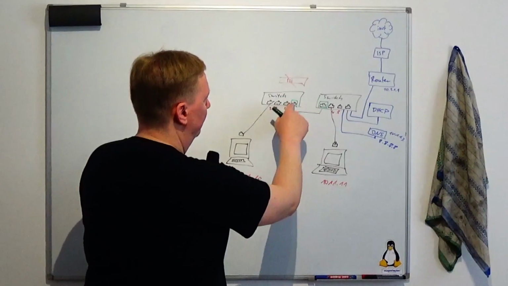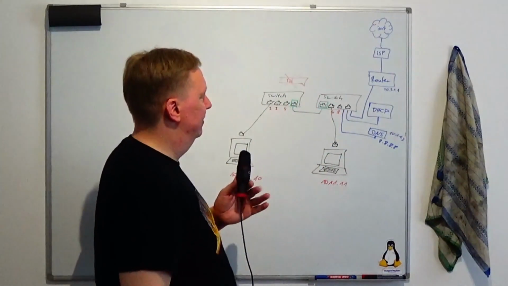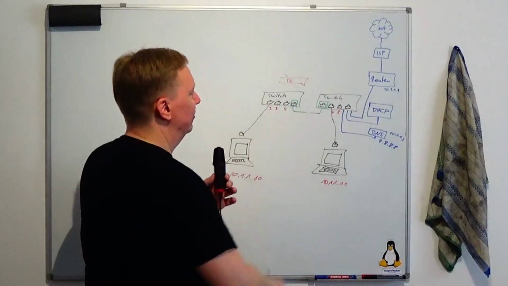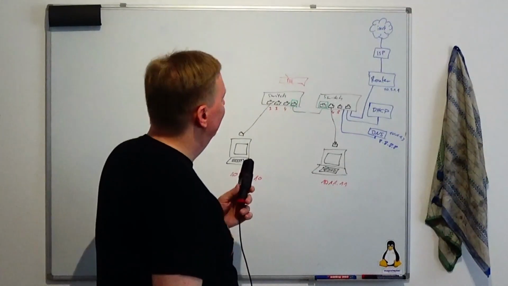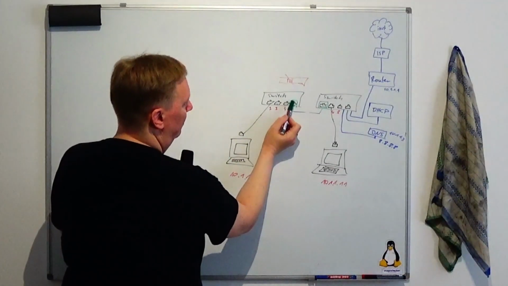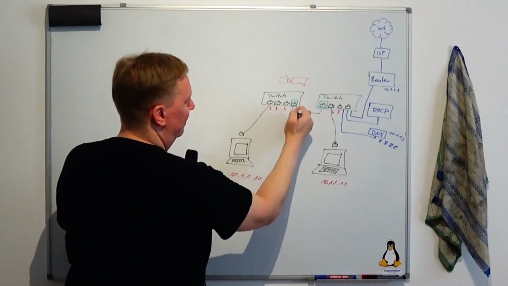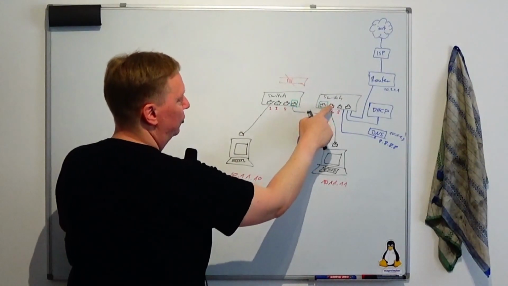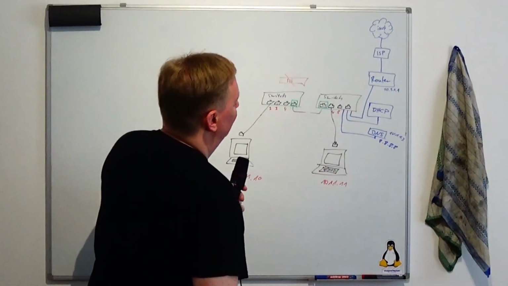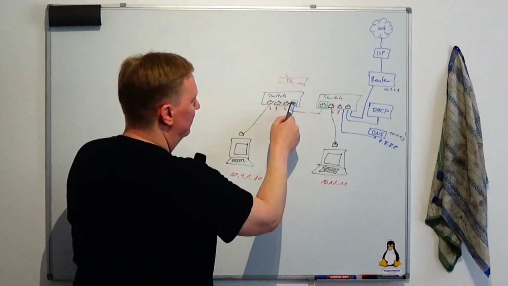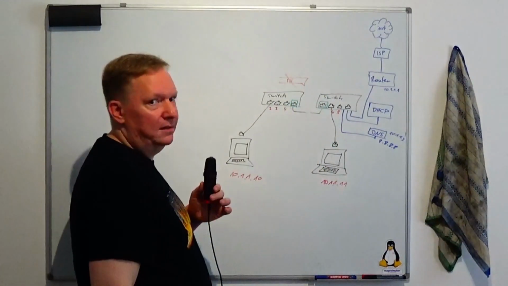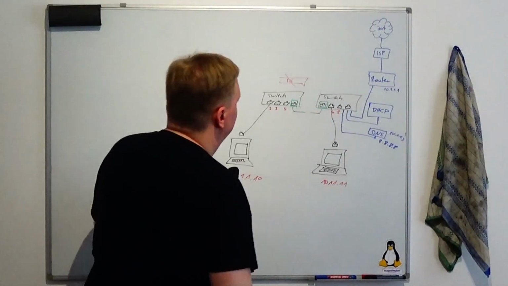If you turn trunking on a port, that doesn't in any way kill your connection. So let's say you are on this machine, and you turn trunking on this port first, it doesn't cut your connection to this switch, so that you cannot set trunking on this port. So after activating trunking here, you still can communicate with the other switch fine.